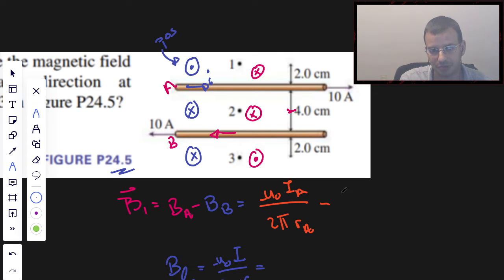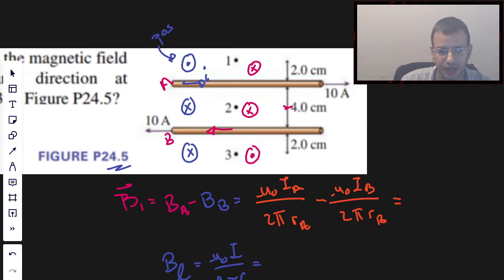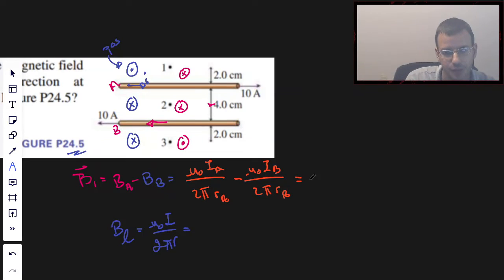And we're going to subtract from that mu naught I_B all over 2 pi R_B. We're going to do some simplifying, and we get mu naught I. Do they have the same current? They do have the same current. Excellent. Just opposite directions.